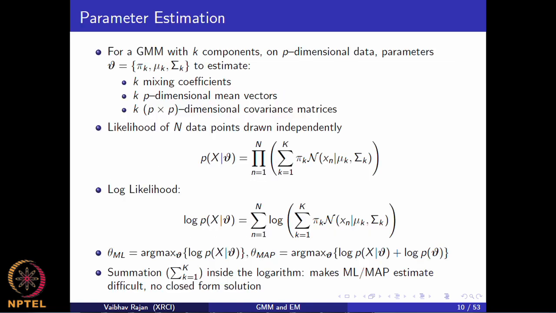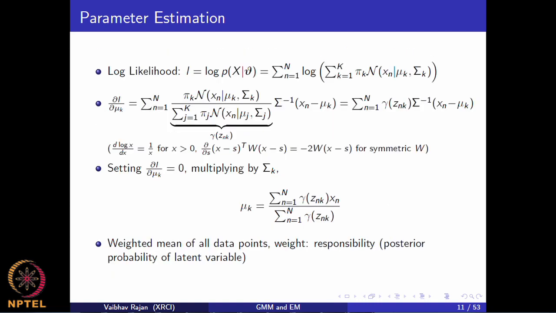So, the estimation, assuming that we know k, on p dimensional data, is to estimate these pi k's, mu k and sigma k for each of the Gaussians. We first saw that if we assume we know the responsibilities, then the math works out very nicely and we get very intuitive forms for the different parameters.